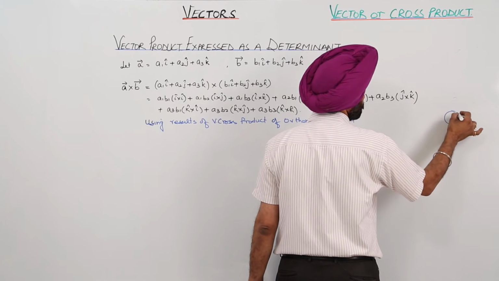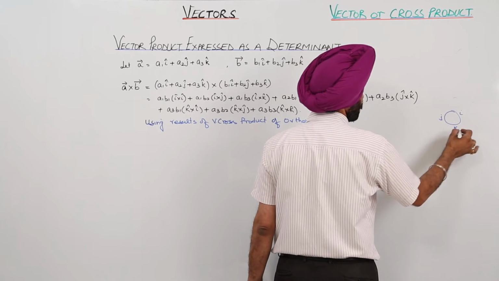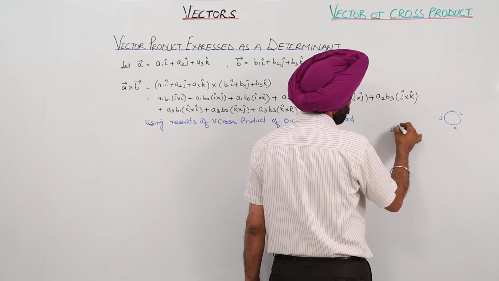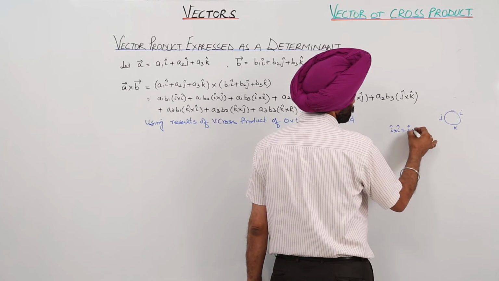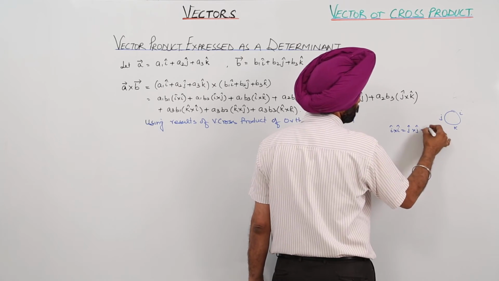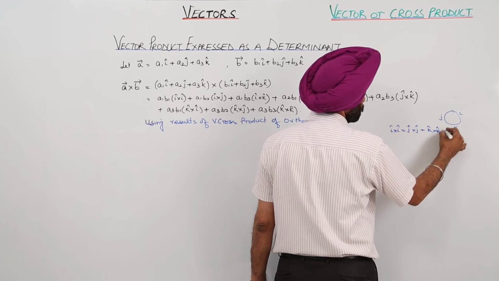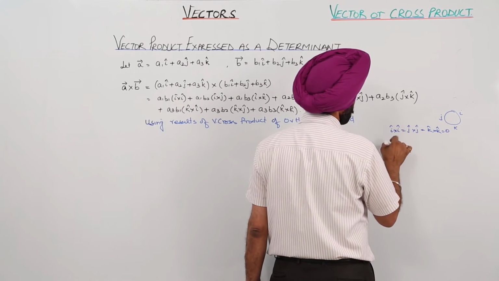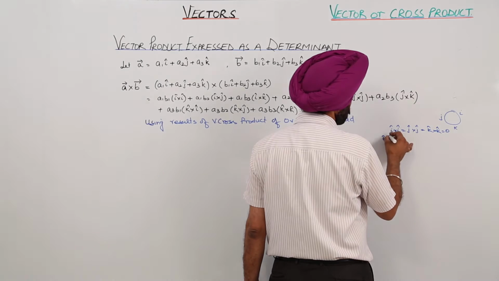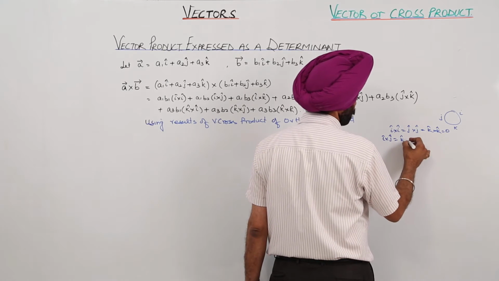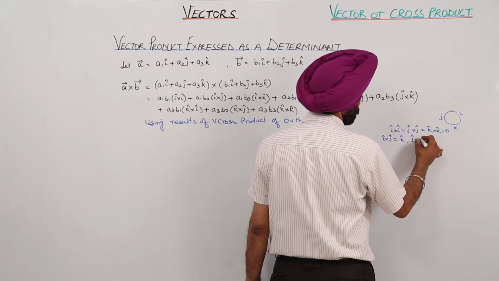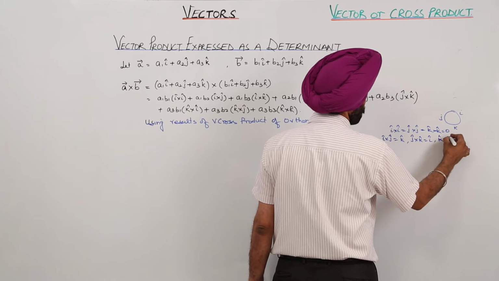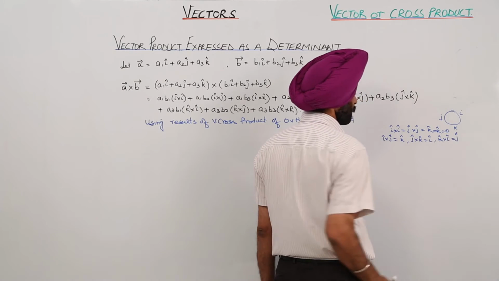If we take i, j and k, then what was the result? i cross i is equal to j cross j is equal to k cross k is equal to 0. i cross j was k, j cross k was i cap, and k cross i was j cap.